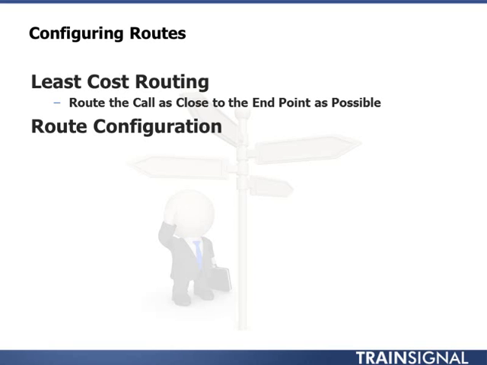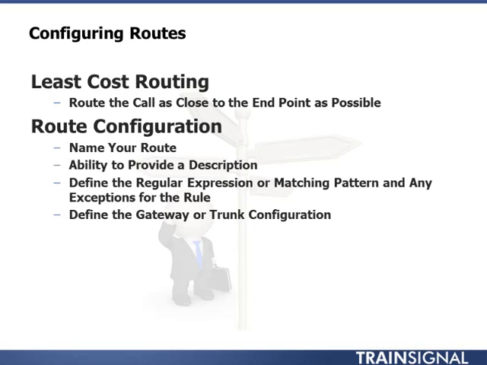When you define a route, you have to provide a name for your route. For example, Scottsdale Local or Scottsdale Long Distance. We also have the ability to provide a description, but that's optional. We then also define the regular expression or matching pattern and any exceptions for the rule. So when you dial a number that gets translated to E.164 format, the regular expression of your route has to be a match in order to route the call to the defined gateways.